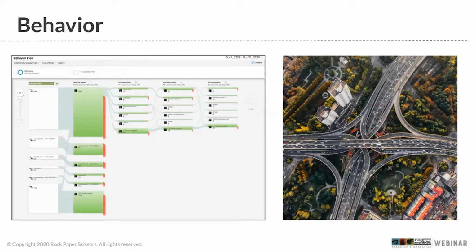But before I get too nerdy on behavior flow, let's talk about page reports. It's found under site content. It's not necessarily anything very visual, but it gives you a quick look at the top pages of your website based on traffic, page views, unique page views, average time on page, entrances, percentage exit.